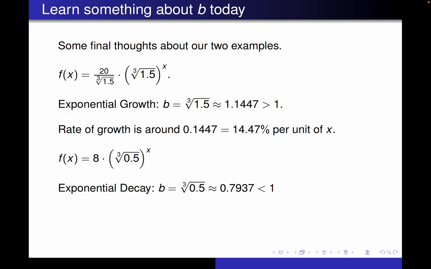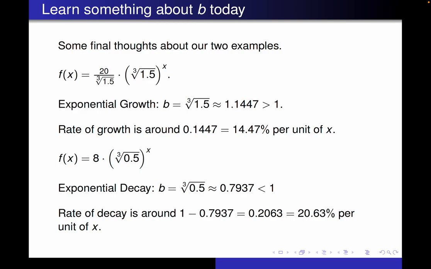And in fact, if we knew the rate of decay, to get the b we would subtract that rate of decay from 1. If we want to find the rate of decay knowing what b is, we would do the same thing. We would subtract that value from 1. That gives us 0.2063. And so our rate of decay is 20.63% for each unit that x is increased.